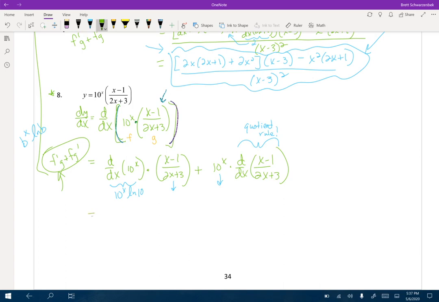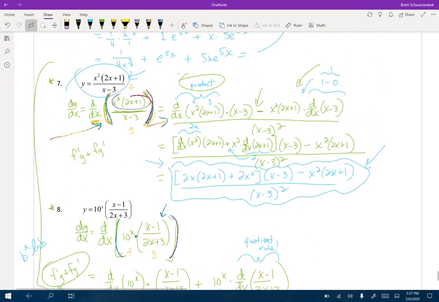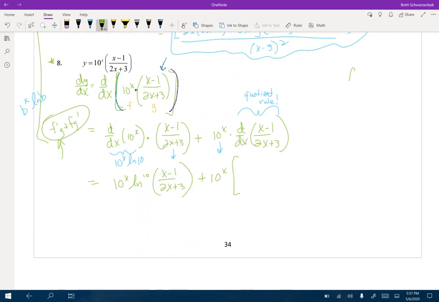So here we go. I'm going to rewrite this stuff. Okay, this left side is never going to change because the derivatives are taken care of. But this side is going to change, and I'm going to put a big bracket here to represent our quotient rule. So remember, the quotient rule is going to be f prime g minus fg prime over g squared. Okay, so what does that look like?